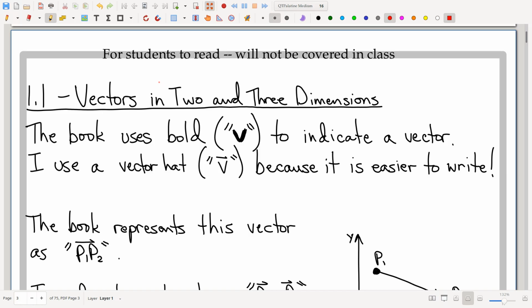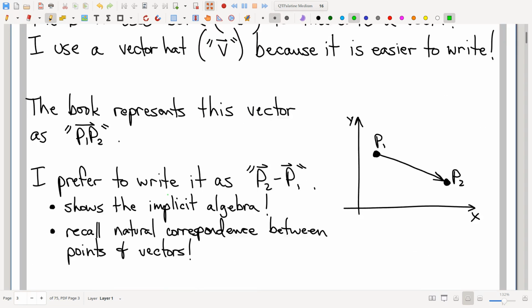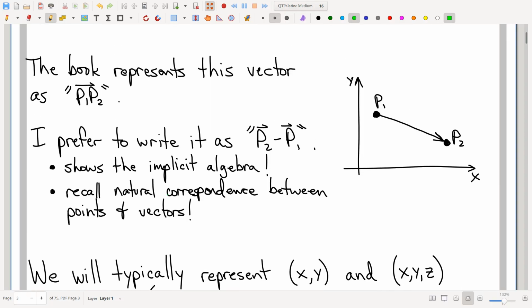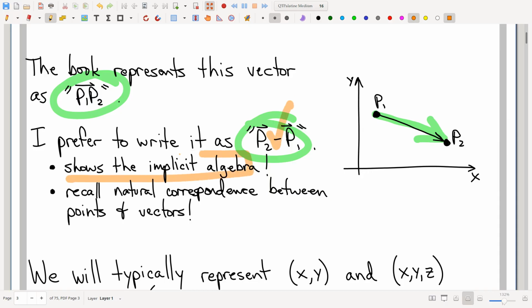Now that said, very often I will say a couple words about the stuff that I am not going to cover in class. So, for example, here, y'all can read this. This is a comment about notation. Y'all don't need me to talk about that. But I do like to make the observation here that when you look at these two different notational options for representing that vector, I like to emphasize that this one, you can see the algebra in it.